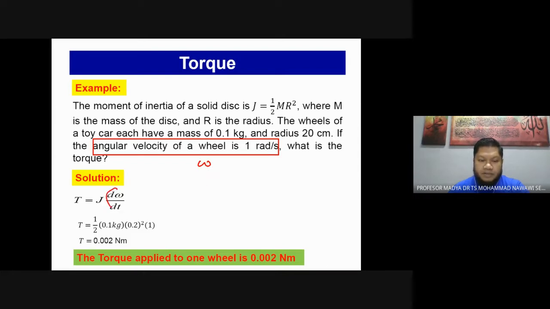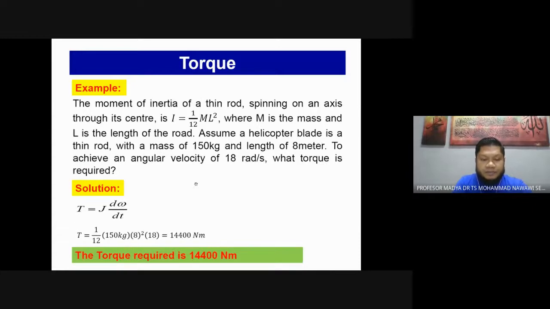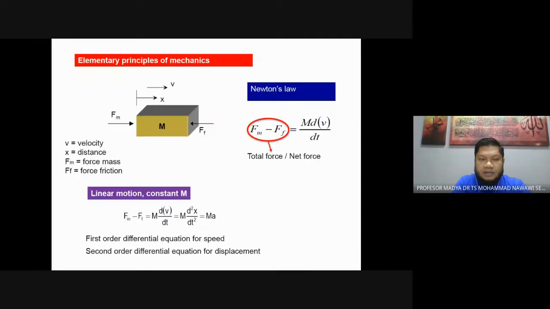So let's look back on this top example again. Then this is again very similar. Angular velocity is 18 radian. So let's move on to the elementary principles of mechanics.